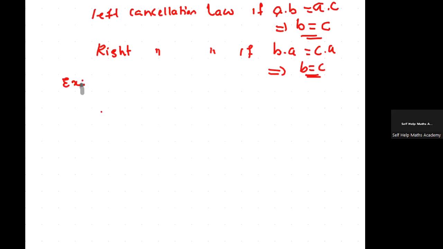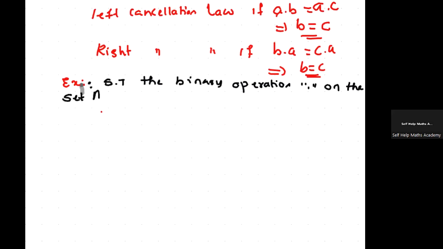The example is, say, show that the binary operation, we are taking the binary operation, say dot or star, anything, on the given set A of real numbers, which is defined as A dot B equal to 2A plus 3B.